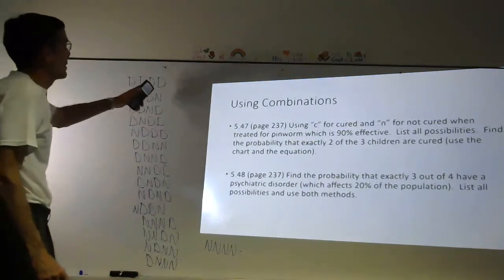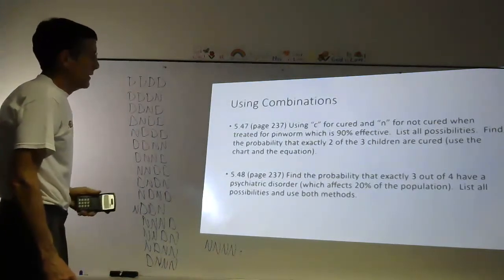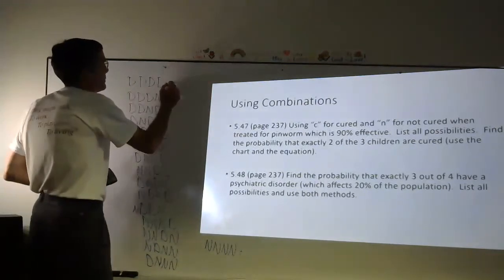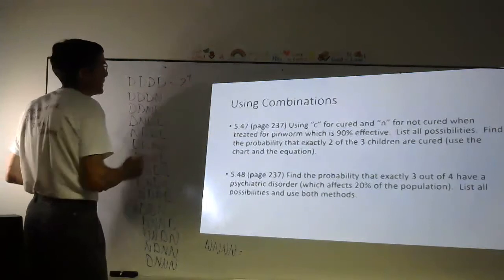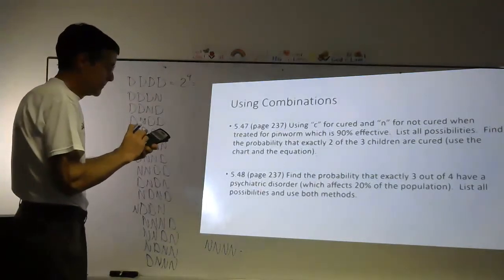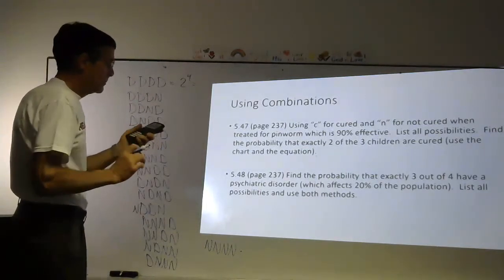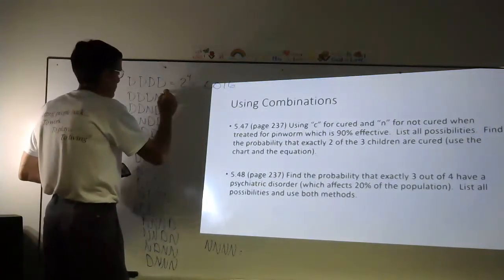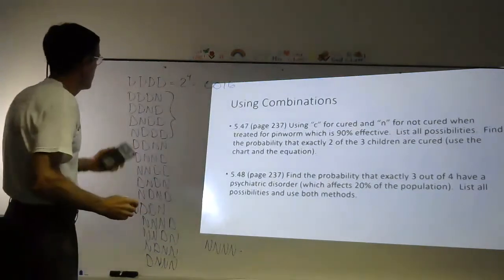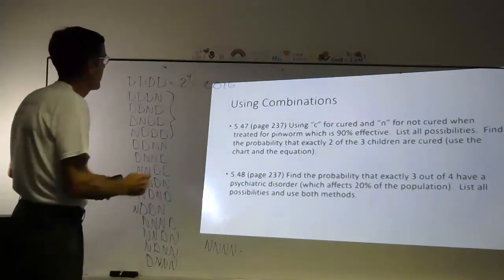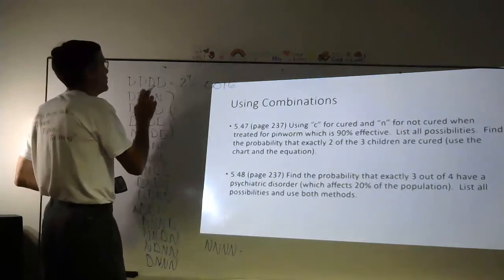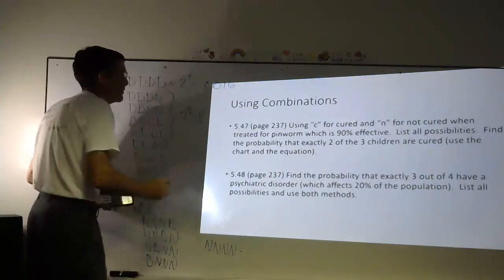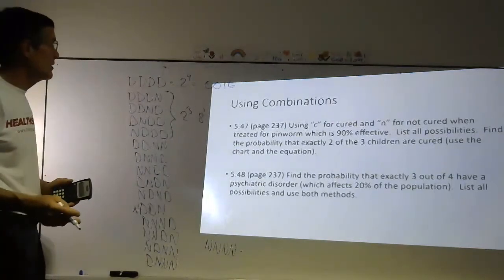All right, so the probability that all 4 have the disorder would be 0.2 for each one. Independent events is 0.2 to the 4th, which is 0.0016. Okay, now what about all 4 of these? These are 3 that do have it. 0.2 cubed times 0.8 for the person that doesn't, 80% chance they don't have it.